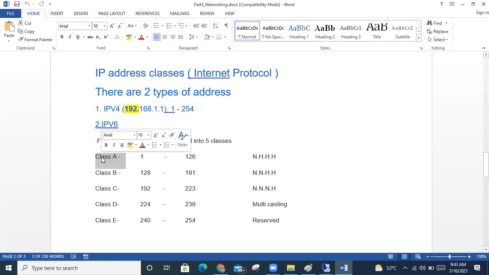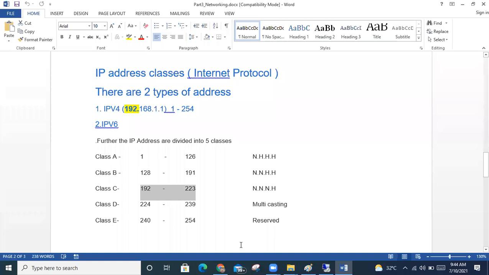If the first digit is between 128 and 191, that is called a class B IP address. There are 4 digits separated by dots. Class C is 192 to 223.